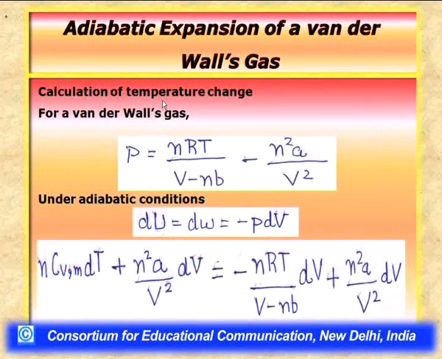Now, let us discuss the fact that we all know under adiabatic conditions, whenever we observe expansion work, that is when the volume changes, there is no possibility of exchange of heat with the surroundings. Work is being done by the system, and that would be at the expense of internal energy of the system.